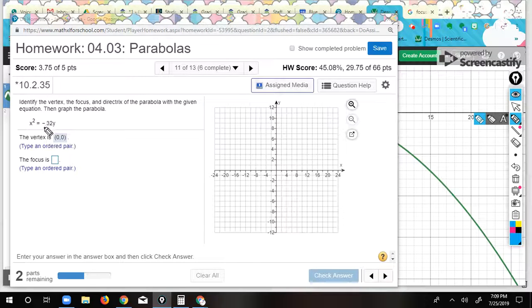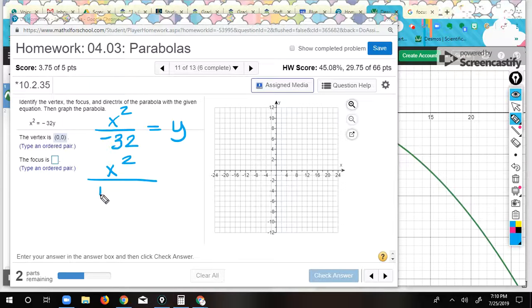So we're going to move that negative 32 to the other side, and since it's being multiplied by the y, we would divide. And then I'm going to change it so that it's a factor of 4. So instead of 32, 8 times 4 is 32. So I'm going to change it to 4 times negative 8.